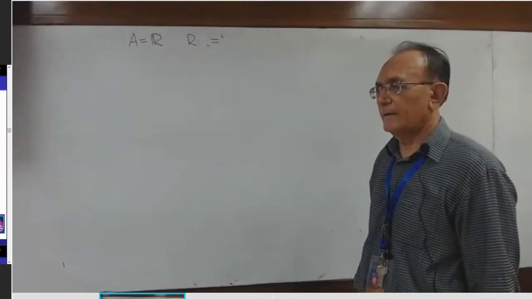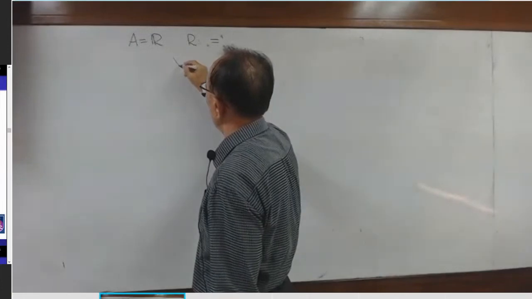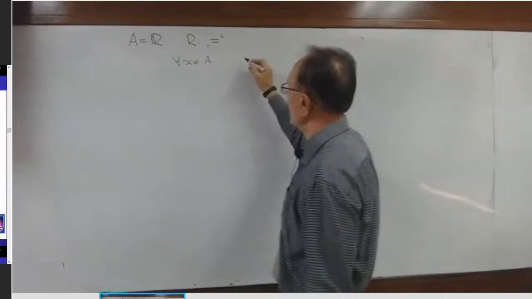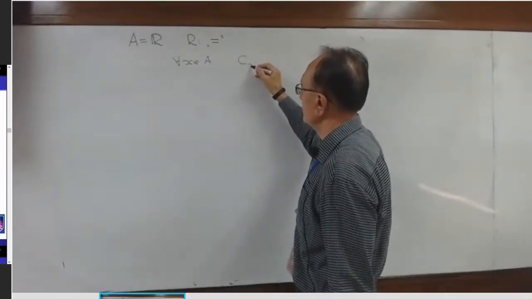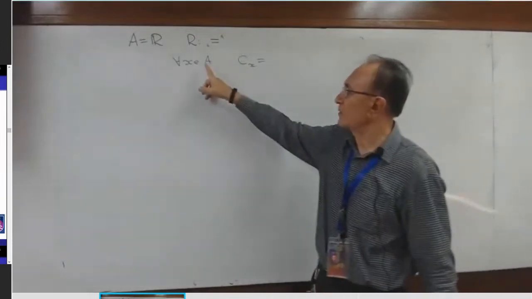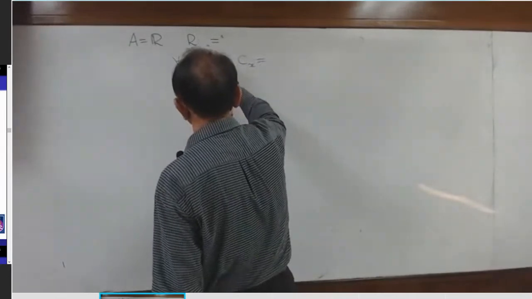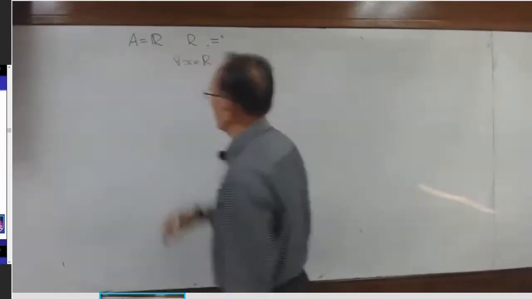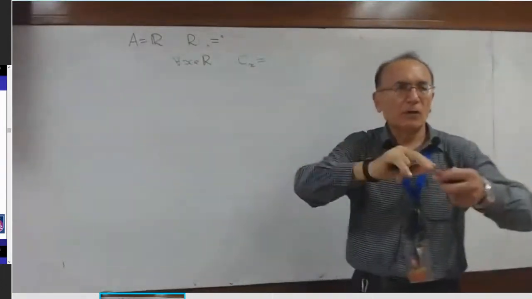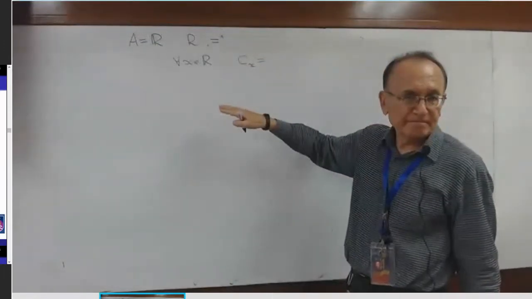Okay, let us find Cx. I will take any x from A and find Cx. What does Cx mean? I should take all the elements of A, which is R here. I take a real number, then include all numbers equivalent to it in this set.